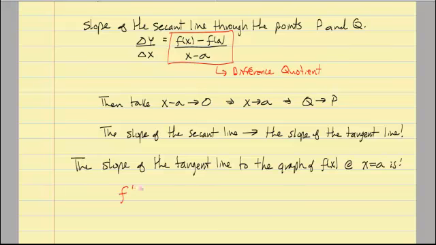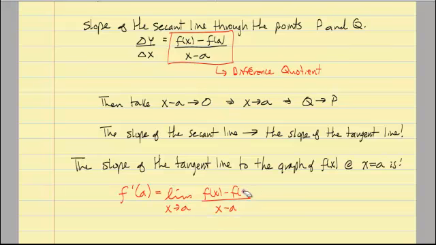This is read f prime of a. This is not to the first power. This mark right here doesn't mean to the first. It's a prime mark that means derivative. F prime of a is equal to the limit as x approaches a of f of x minus f of a all over x minus a.